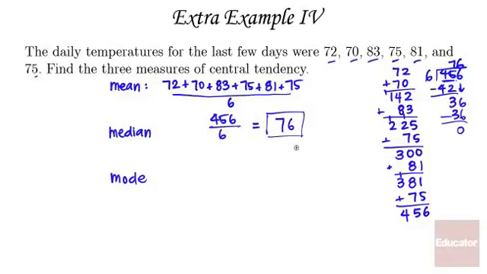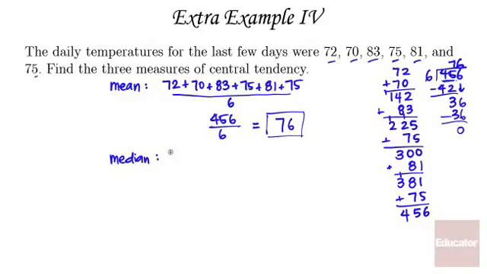Okay. Let me just write this a little bit lower. So the next one is median. Okay, the median, we know the keyword is middle, right? So we're going to look for the middle number after we list the numbers out in order from least to greatest.